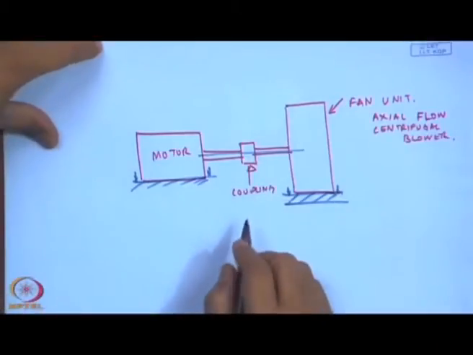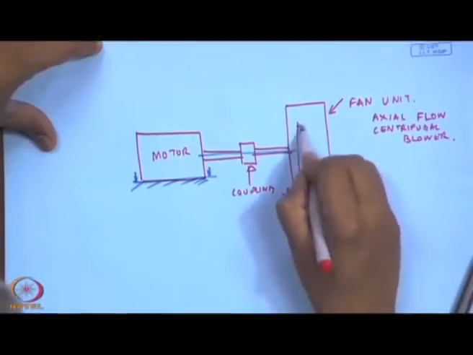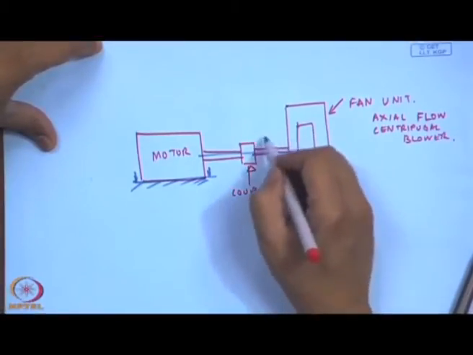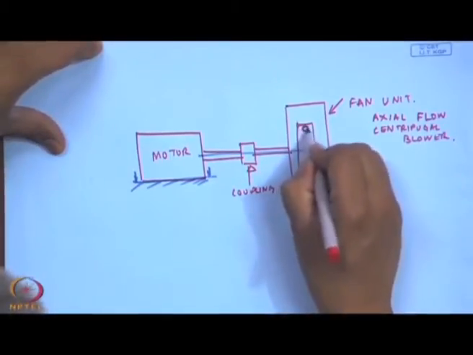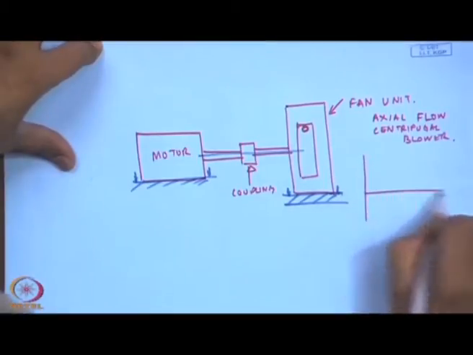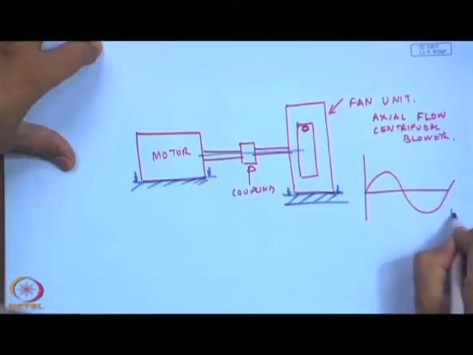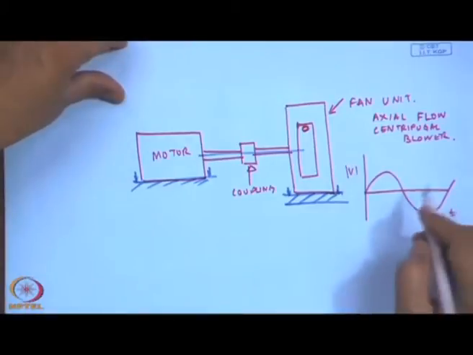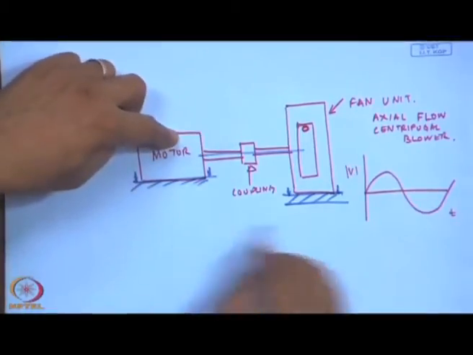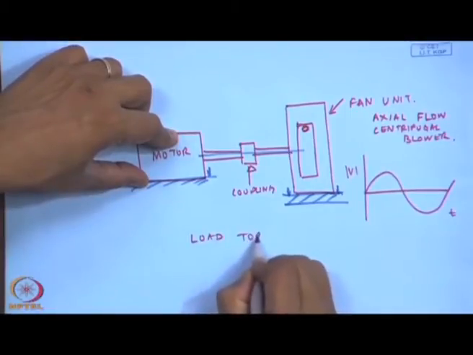But apart from vibrations, we can also look at other signals, because if there is a defect in these vanes, say for example unbalance, this unbalance is going to create a sinusoidal variation in the force, torque, and vibration level. So, this kind of variation does come as a load torque onto the motor.